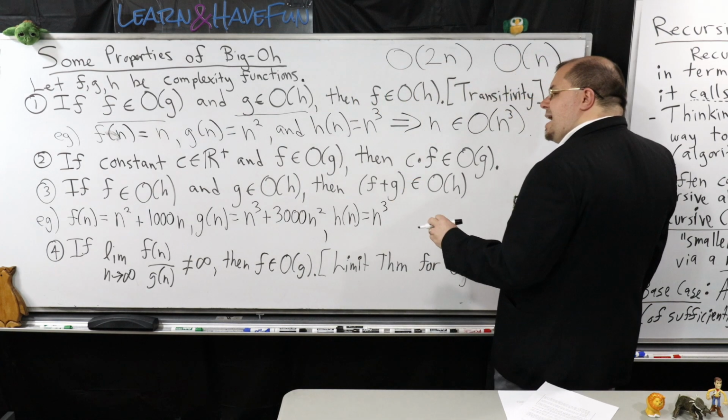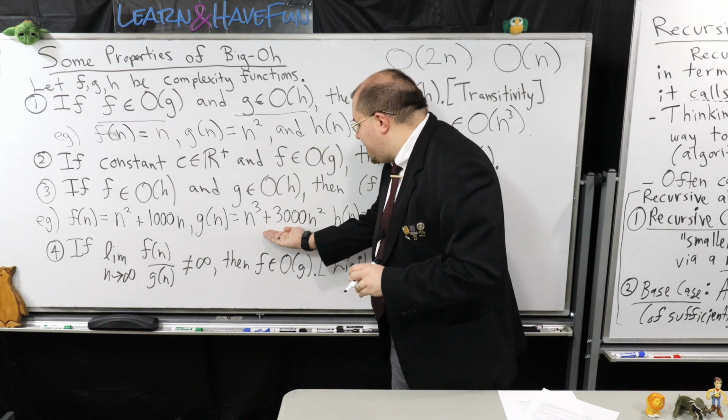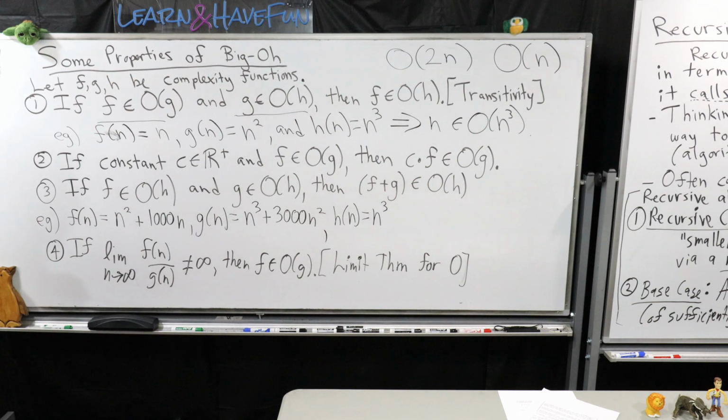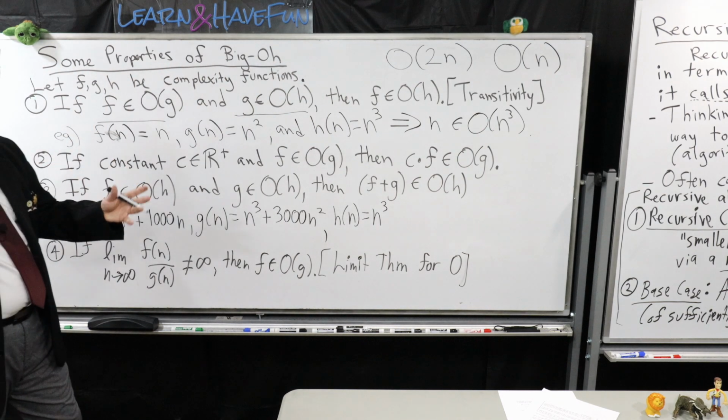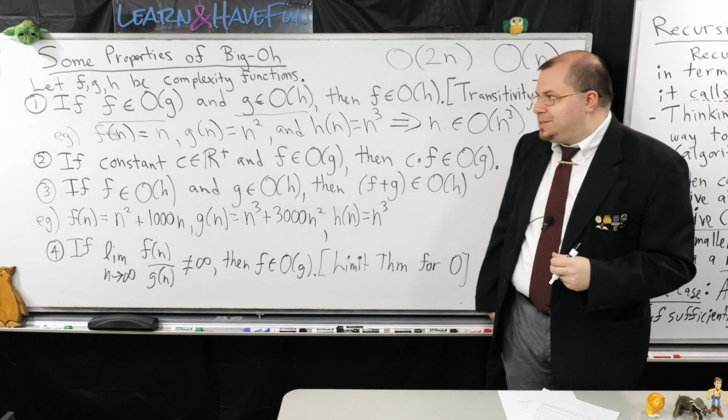What this is saying is that if I take n cubed plus 3000 n squared plus n squared plus 1000n, the combination of both together will still be big O of n cubed.